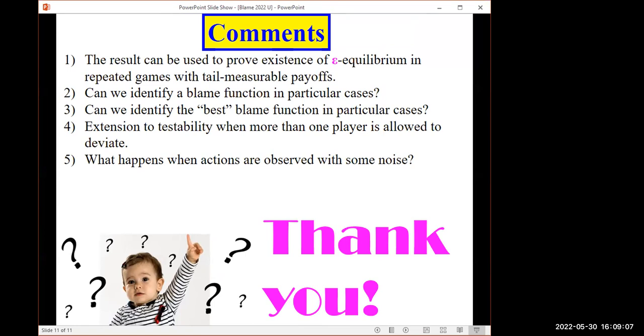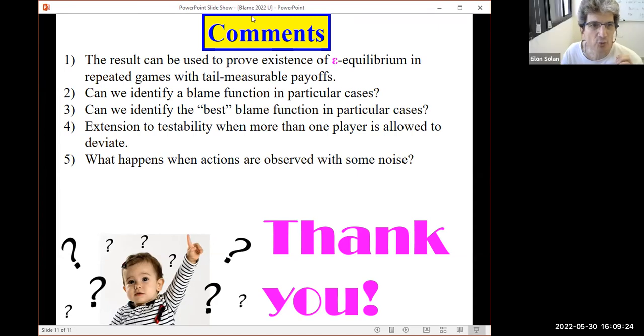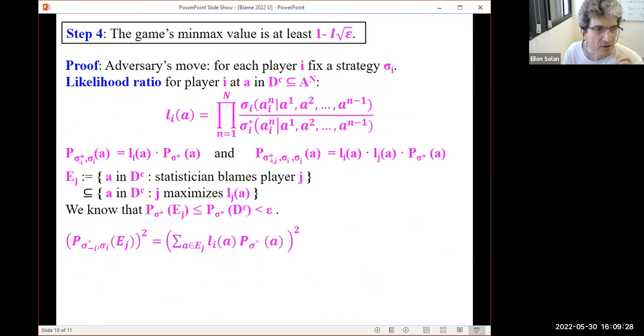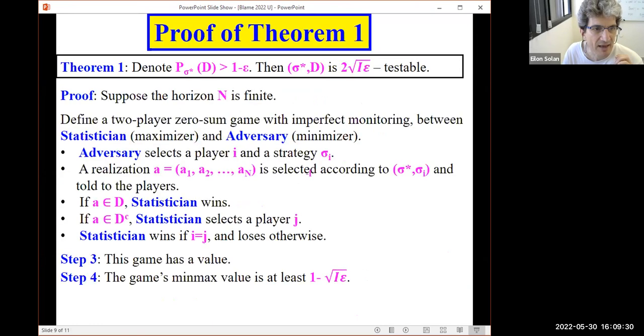So in your proof, you fixed finite n. So the result is true for infinite game. Is there any gap in the proof? So I assumed that n is finite, so that I have easily that the game has a value.